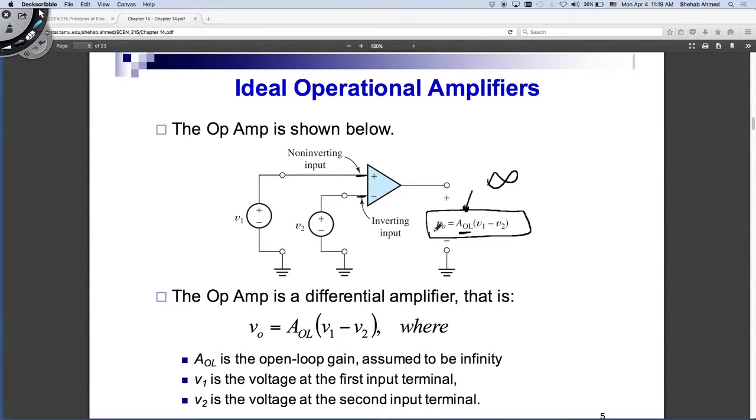So what does that mean? It means that anytime I have a difference between V1 and V2, what will my output look like? If V1 is greater than V2, what is the output equal to? If AOL is very high, infinite, it's a very large positive number, right?